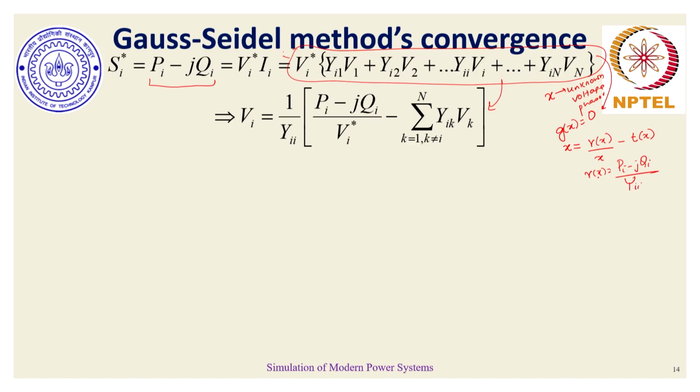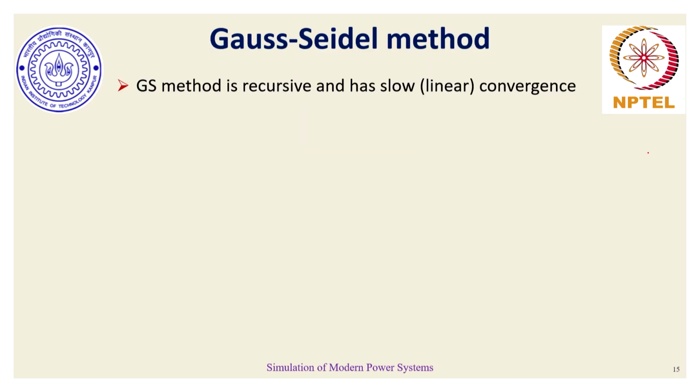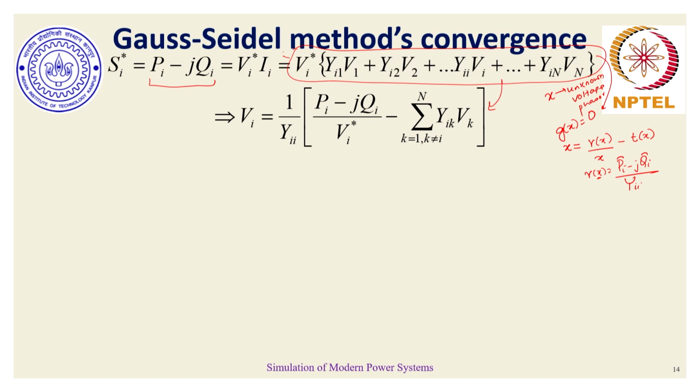Why have I mentioned x here? Because my injections are known quantities, probably in the form of the voltages themselves, and x is nothing but the voltage phasor itself, and t of x is all other terms with the negative signs divided by Y_ik, which is this form here.